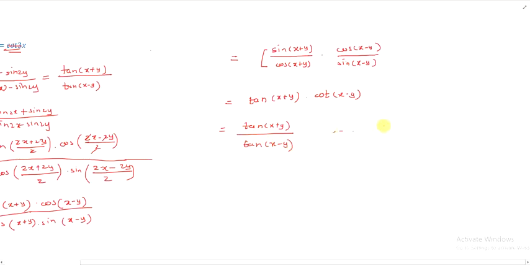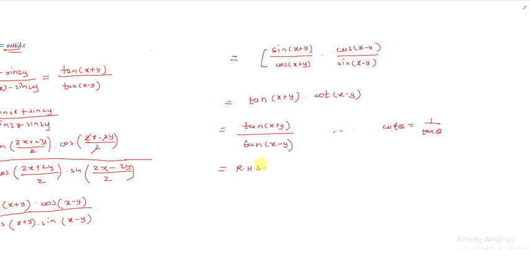Since cot theta is equal to 1 by tan theta, therefore this is so, and it is equal to nothing but the RHS. Isn't it?